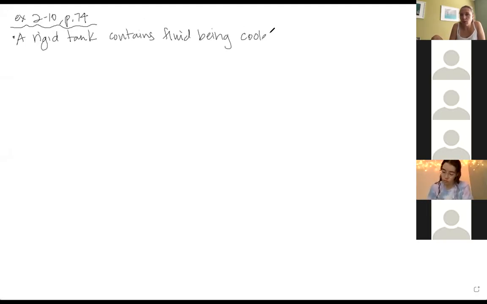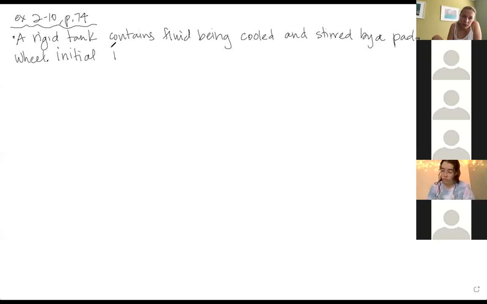So it's going from a higher temperature to a lower temperature, being cooled and stirred by a paddle wheel. And then initial internal energy is 800 kilojoules.